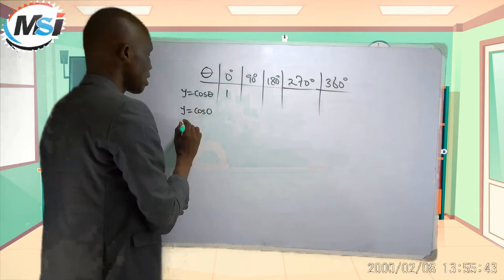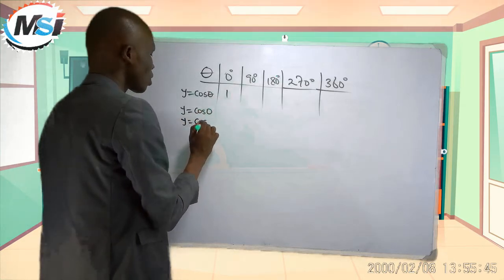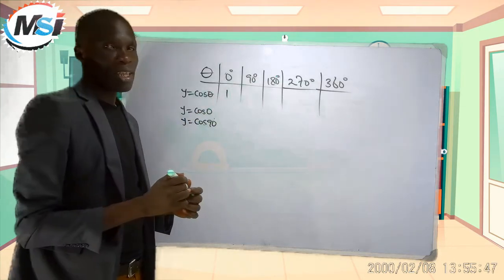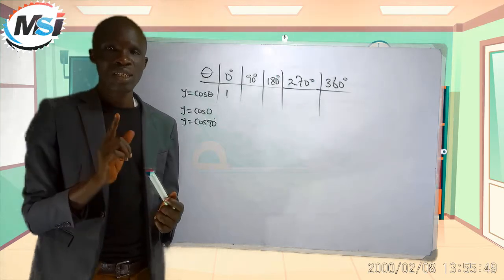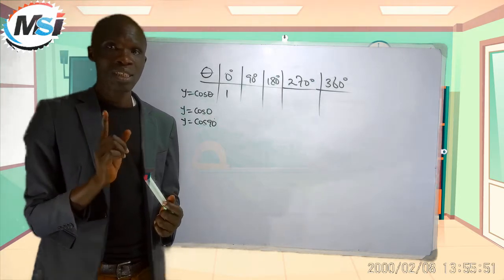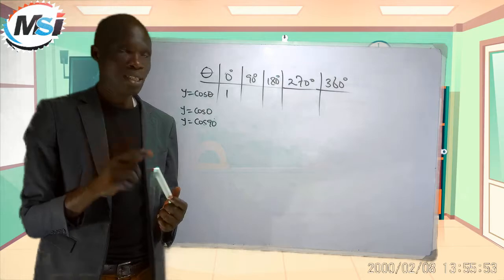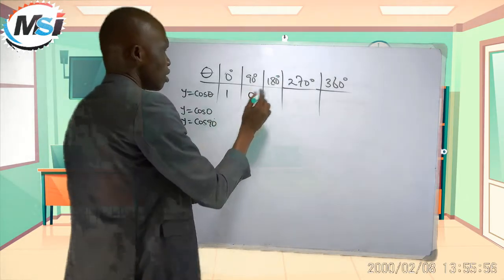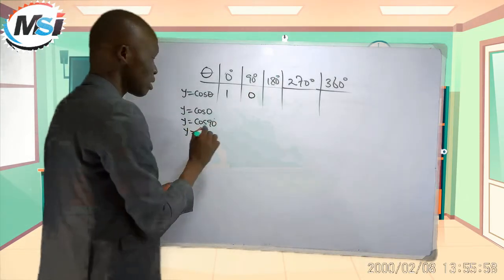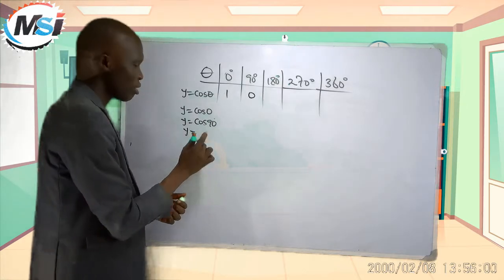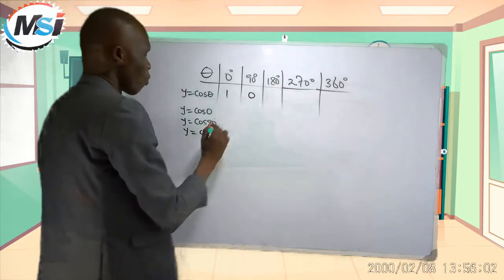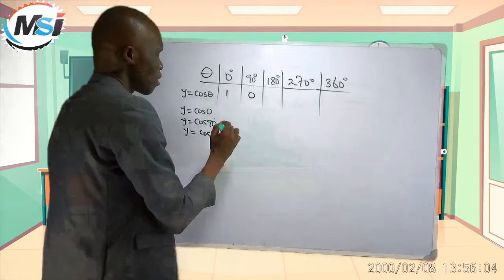Now you pick 90. Y will give us cos 90. Cos 90 will give us 0. But sine 90 equals what? 1. Now you press this from your calculator.